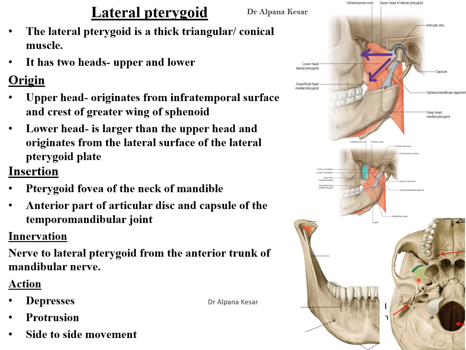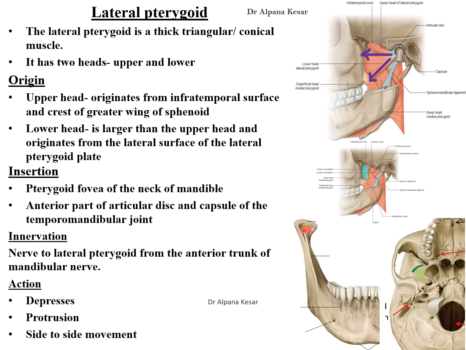The lower head takes origin from the lateral surface of the lateral pterygoid plate. The two heads unite to get inserted into the pterygoid fovea. Pterygoid fovea is a depression on the neck of the mandible.